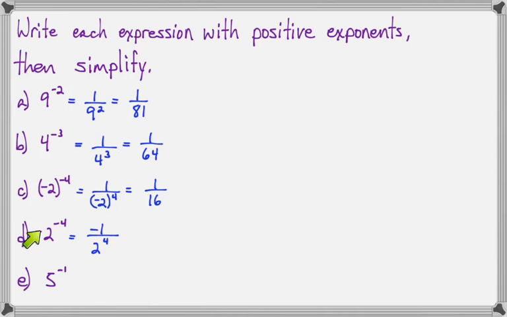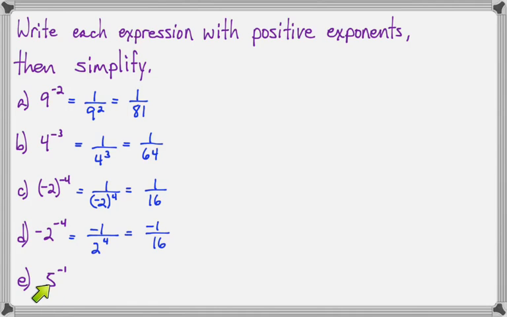See, the negative is not part of the base, so it stays in the top. 2 to the negative 4th moves to the bottom where it becomes 2 to the positive 4th. Now, when we simplify, the negative 1 stays in the top, and in the bottom we'll have 2 to the 4th, which is 16. So the end result is negative 1 over 16.